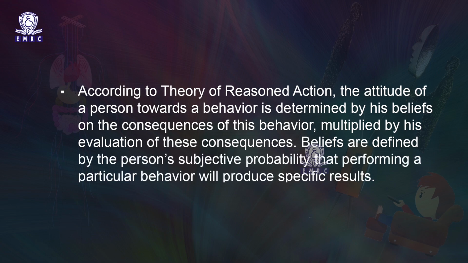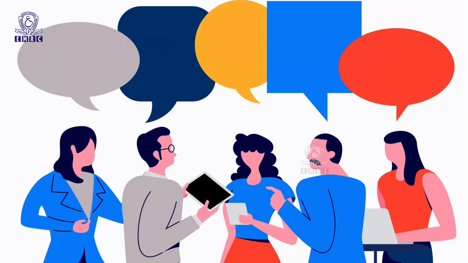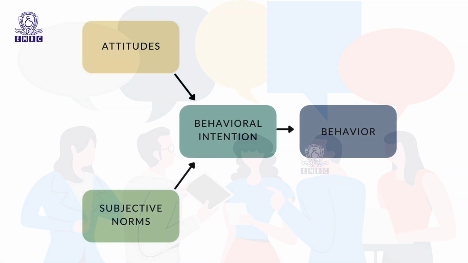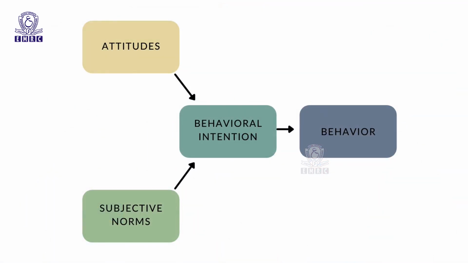Beliefs are defined by the person's subjective probability that performing a particular behavior will produce specific results. The subjective norms are determined by the opinion of others and also motivation to comply. Together, both attitude and subjective norm lead to intention and then behavior.